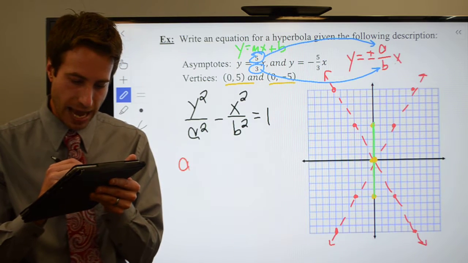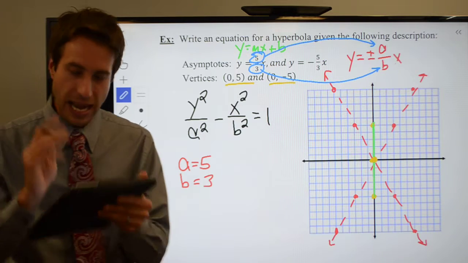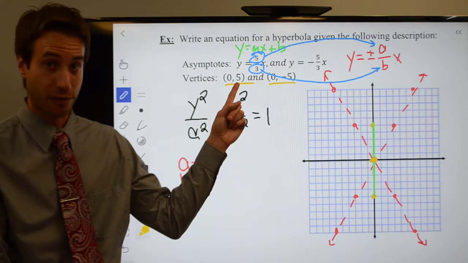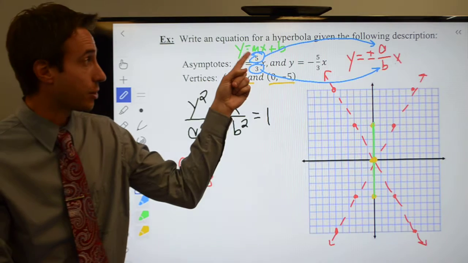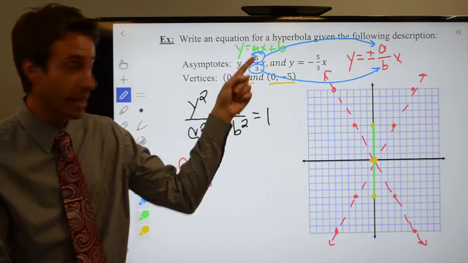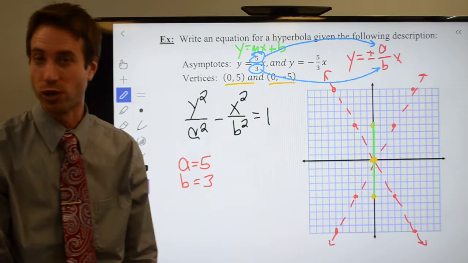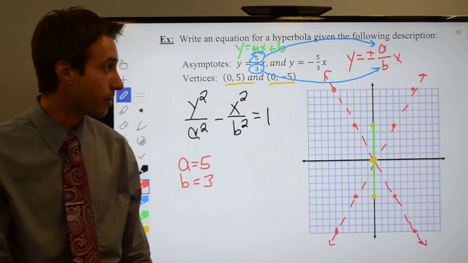We now know that A is 5, B is 3, and you could find it a couple of ways. I know that A is 5 both from the fact that I have the vertice right here, which gives me A, and the fact that I'm given an asymptote, where I know A is the numerator and B is the denominator if my hyperbola is centered at the origin and oriented vertically. And again, all that stuff comes right off of the formula sheet.